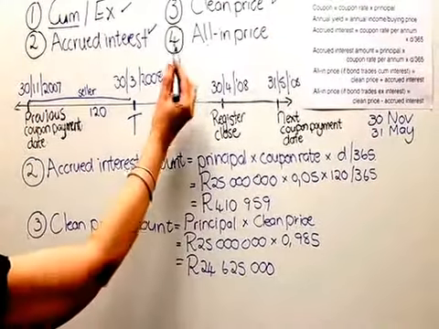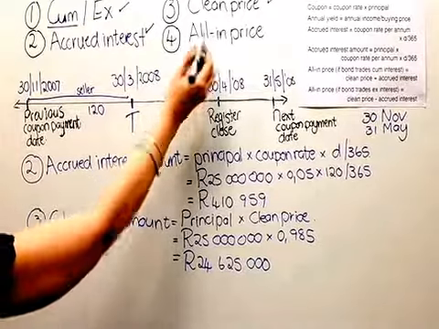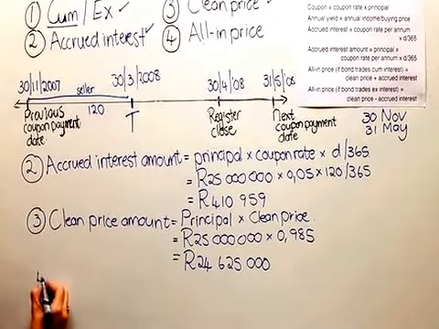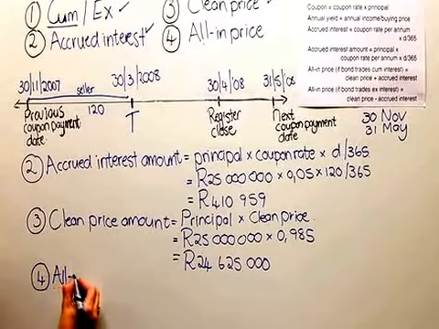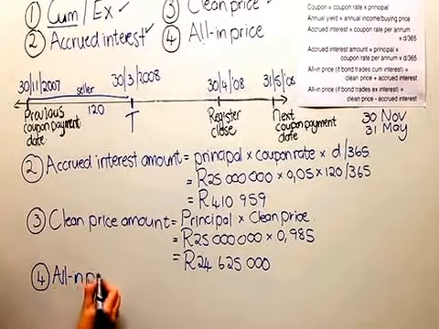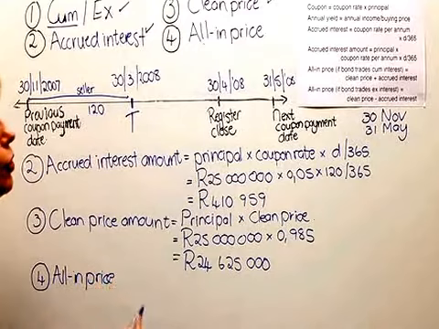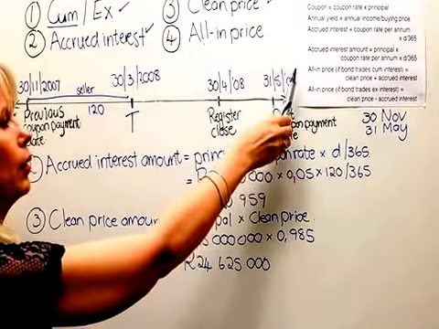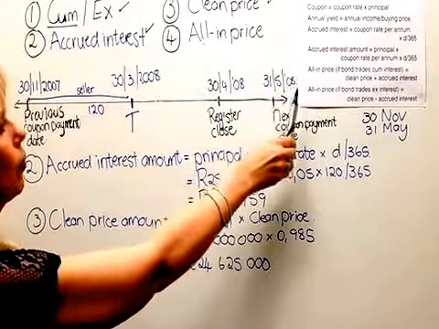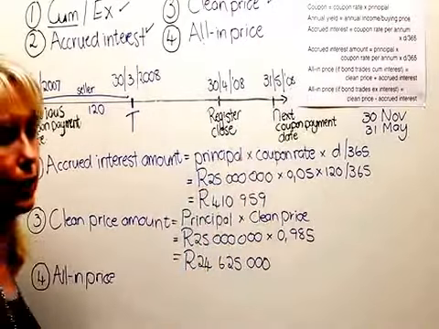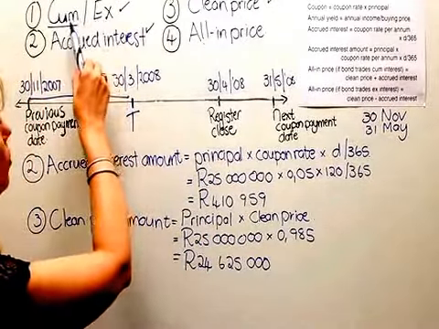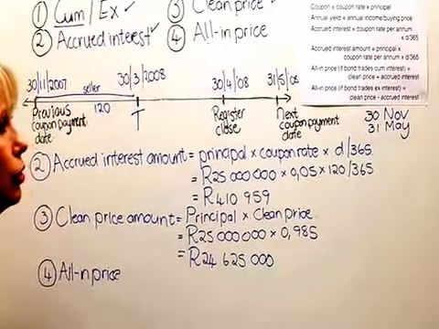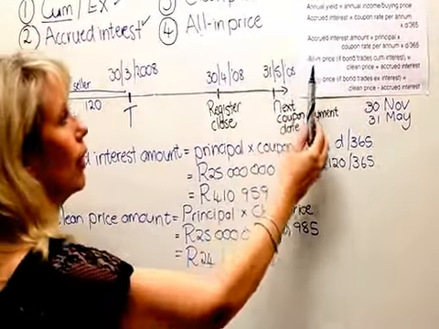So all that remains is to do step number 4, calculate the all-in price amount. Now, to calculate the all-in price, there are two formulas, one for when the bond trades cum interest and one for when the bond trades ex interest. Now in this case, we've decided that this bond is going to trade cum interest, so we have to use this formula.